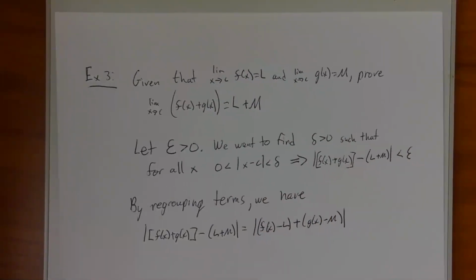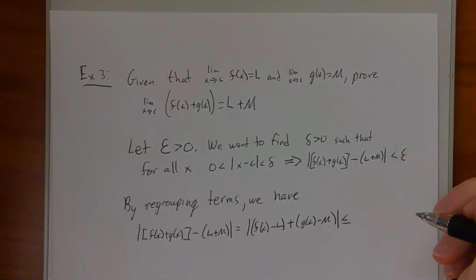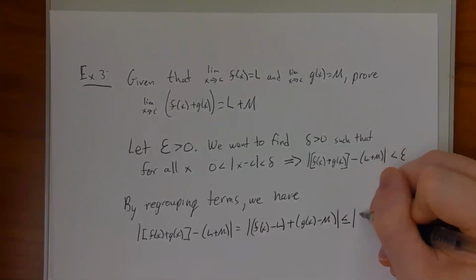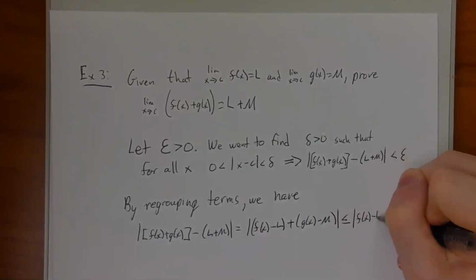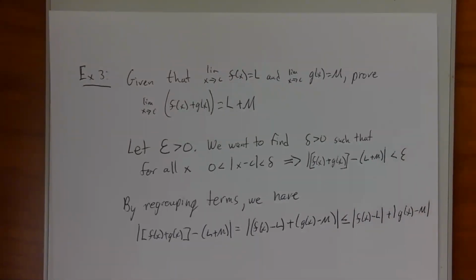And it turns out that this is always less than or equal to the absolute value of f of x minus L plus the absolute value of g of x minus m, right? That's using something called the triangle inequality, that the absolute value of the sum of two numbers is always less than or equal to the sum of the absolute values.